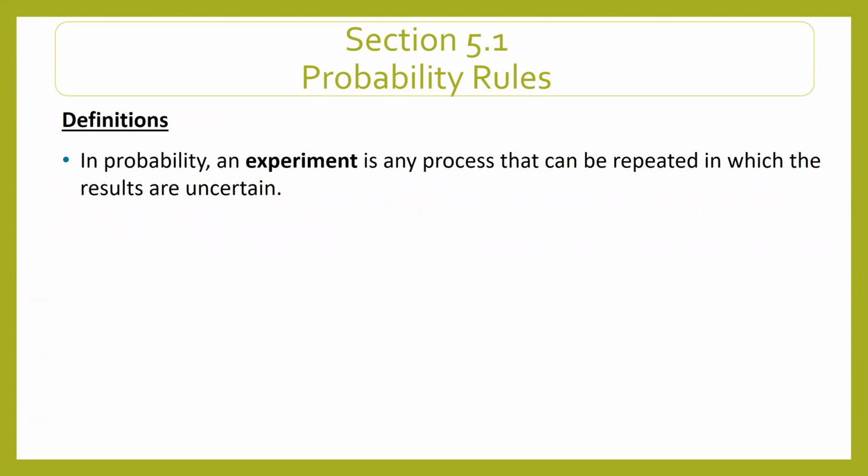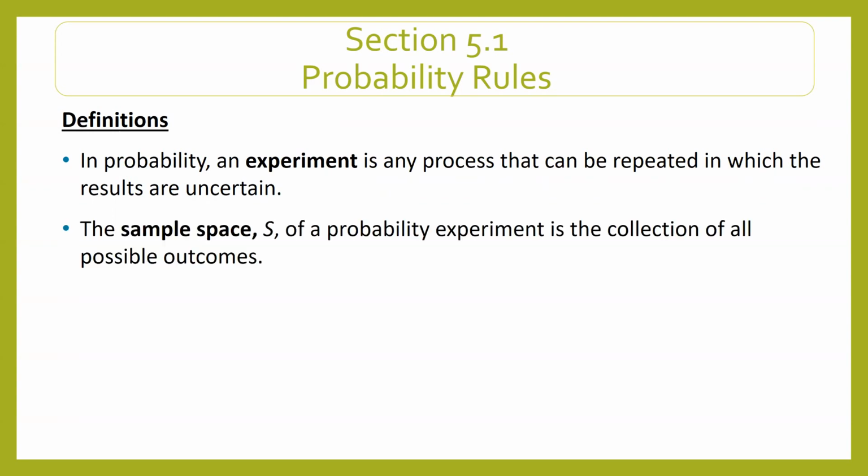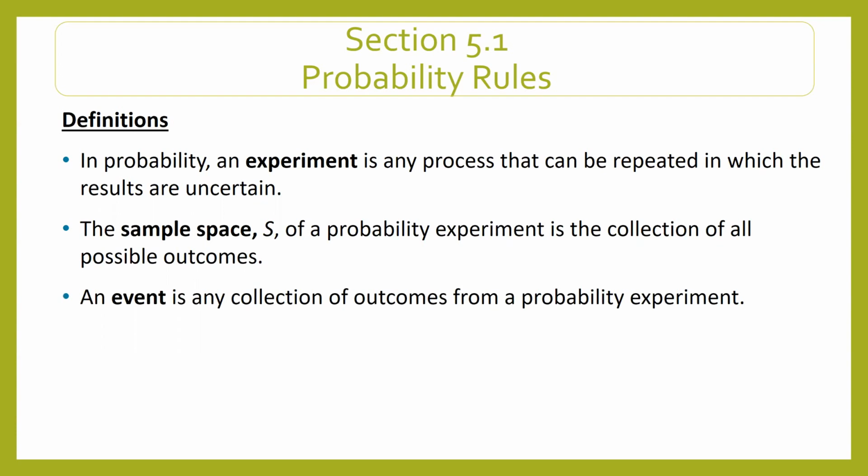All right, so let's go into some definitions. In probability, an experiment is any process that can be repeated in which the results are uncertain. The sample space, usually denoted as capital S, of a probability experiment is the collection of all possible outcomes. Then we have what we call an event.